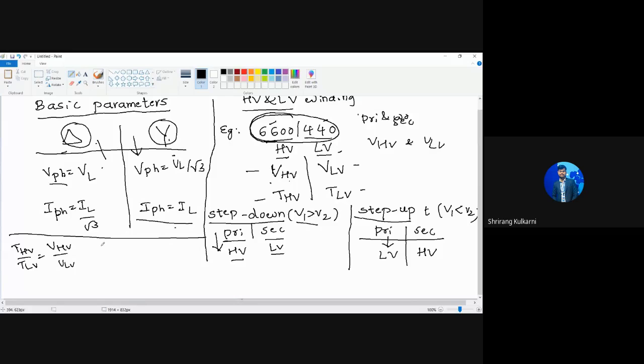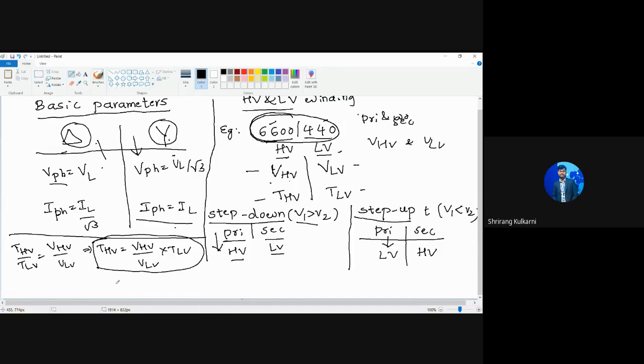So THV is equal to VHV by VLV into TLV. This formula is important. Write it in your notes. If they ask you to calculate the number of turns in the high voltage winding, use these voltages and calculate: VHV by VLV into TLV.